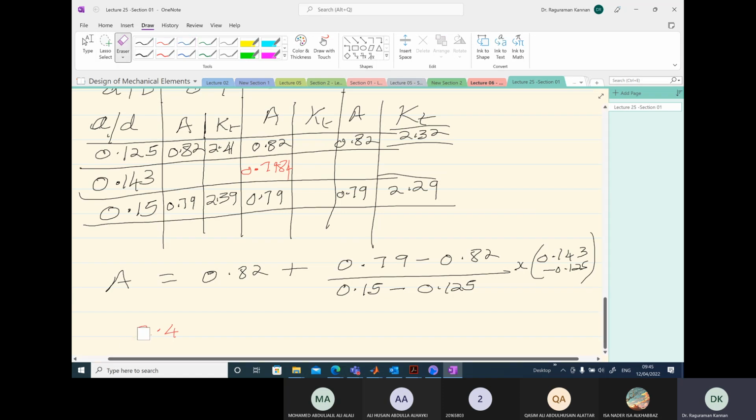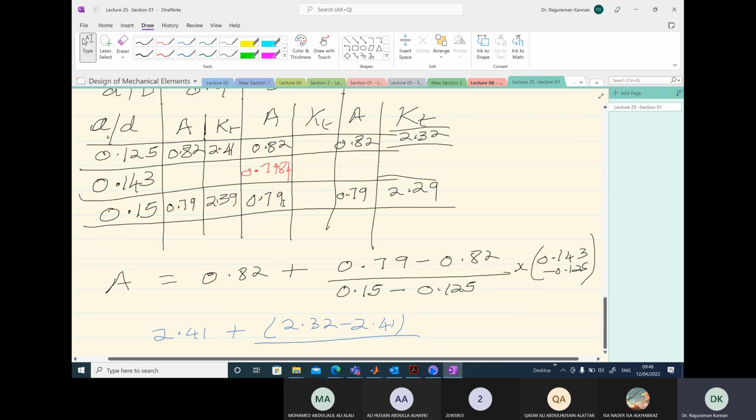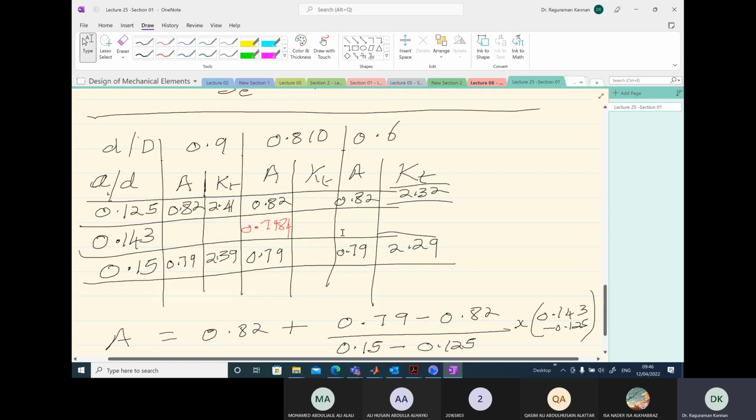Use a blue color. 2.41 plus we take the difference in values, 2.32 minus 2.41, for the difference in values of the small d over capital D ratio, 0.9 minus 0.6, and multiplied by, let's see here, we are going from 0.9 to 0.810.